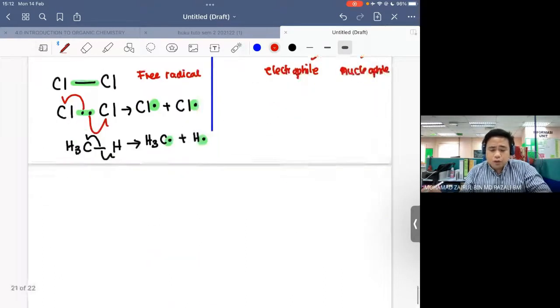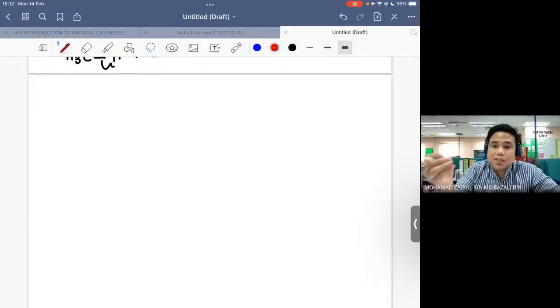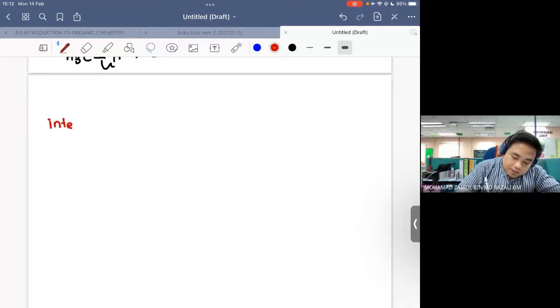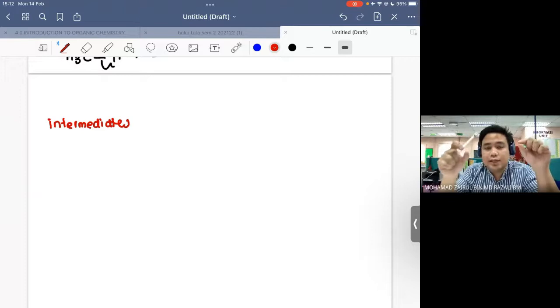Okay. So now we know the product of the cleavage depends on the type of the cleavage. Homolytic cleavage will produce a free radical, while heterolytic cleavage will produce a charged species. The product produced from the cleavage, we call an intermediate. An intermediate is a state or a species that is quite unstable and will further react to form the product.